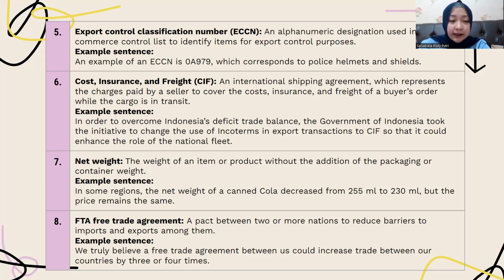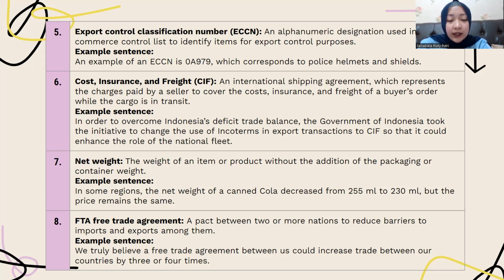And the example sentence is, in order to overcome Indonesia's deficit trade balance, the government of Indonesia took the initiative to change the use of Incoterms in export transactions to CIF so that it could enhance the role of the national fleet. Seventh, net weight.